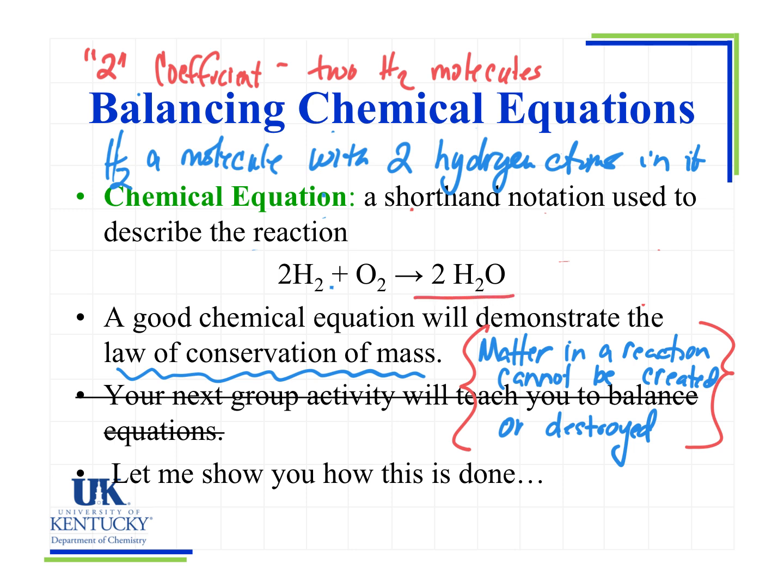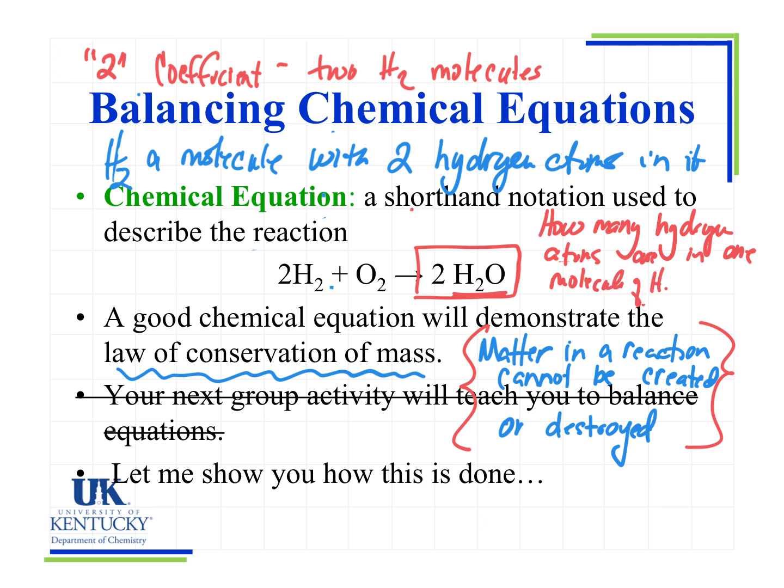As we look at just the H2O, we have a question here. How many hydrogen atoms are in one molecule of H2O? Well, there are 2.